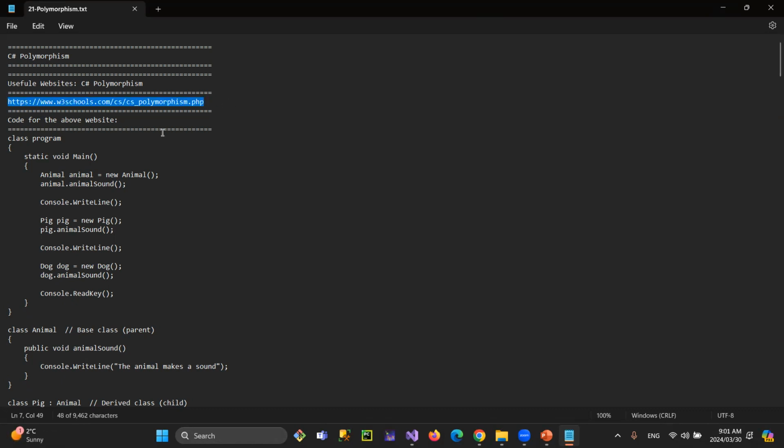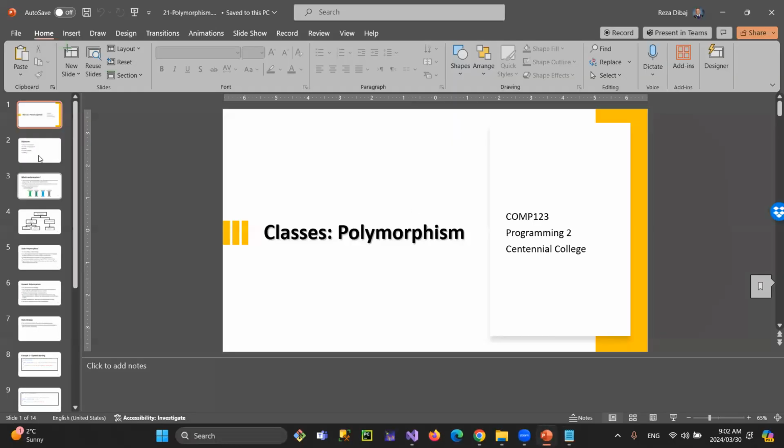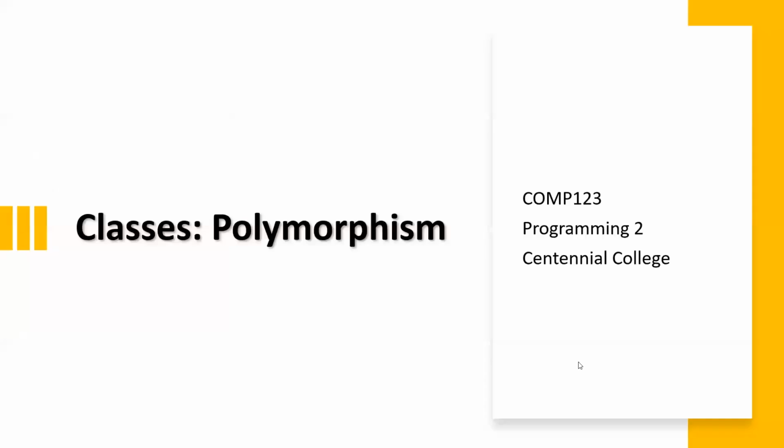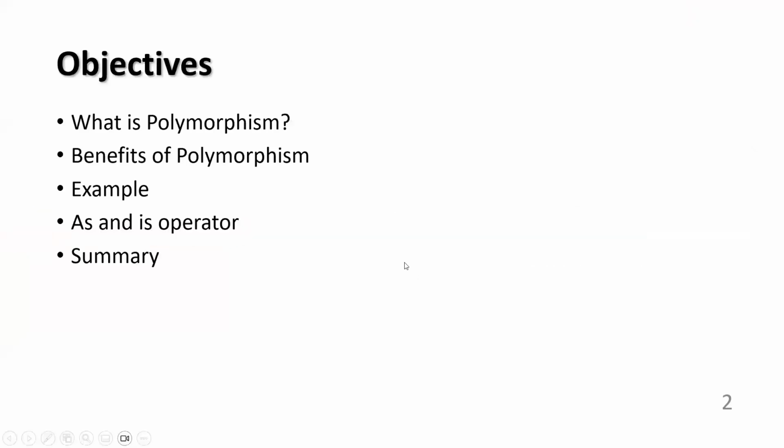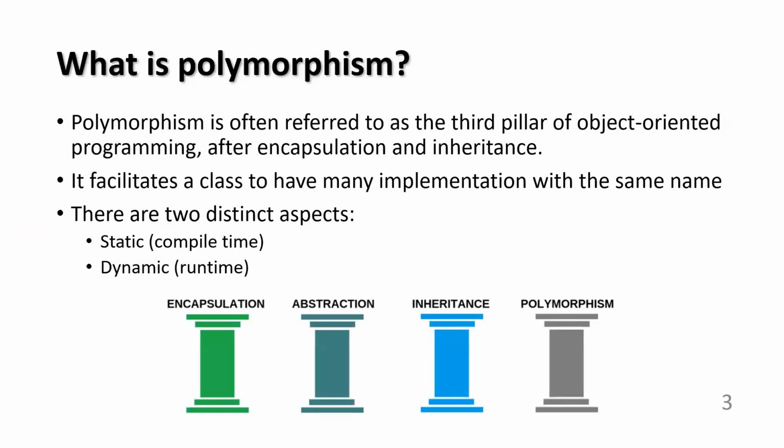The next part is polymorphism. And polymorphism is one of the pillars of object-oriented programming. Look at the pillars that we have. Encapsulation, guys, what was encapsulation? Anybody?